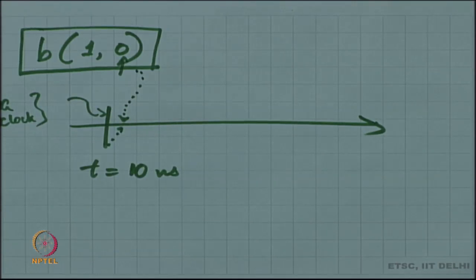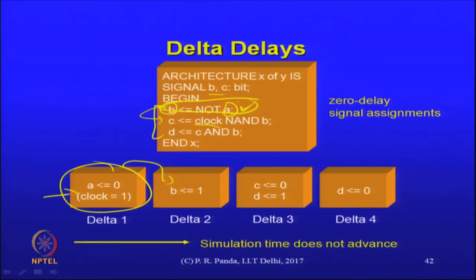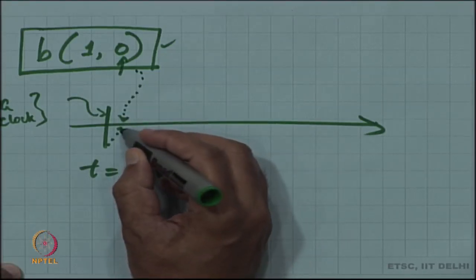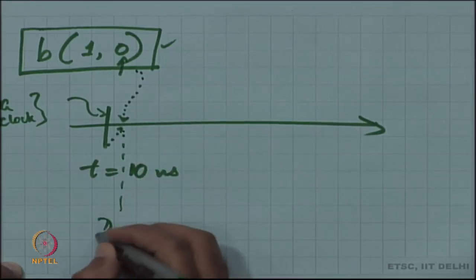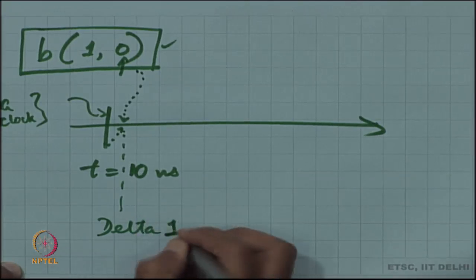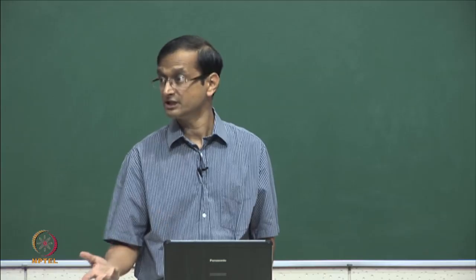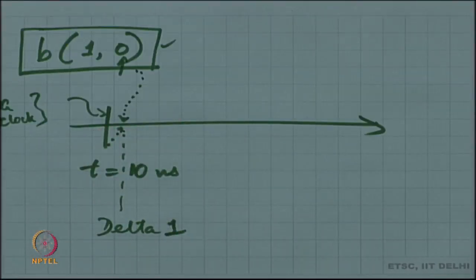This resulted in that first statement getting evaluated and that transaction being posted for B at the first delta. But the first delta is still earlier than all the other transactions that are pending on the queue. So, we just pick up the transaction that we just entered, that is the transaction that would be picked up for processing. So, we process B equals 1, then what happens?